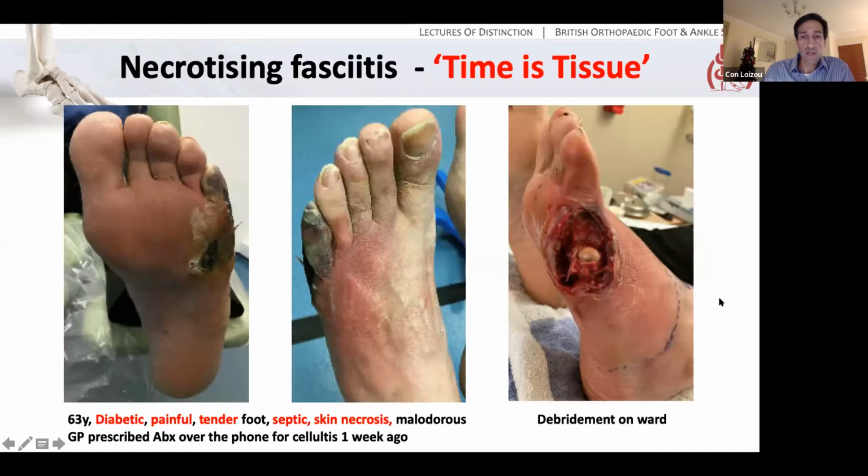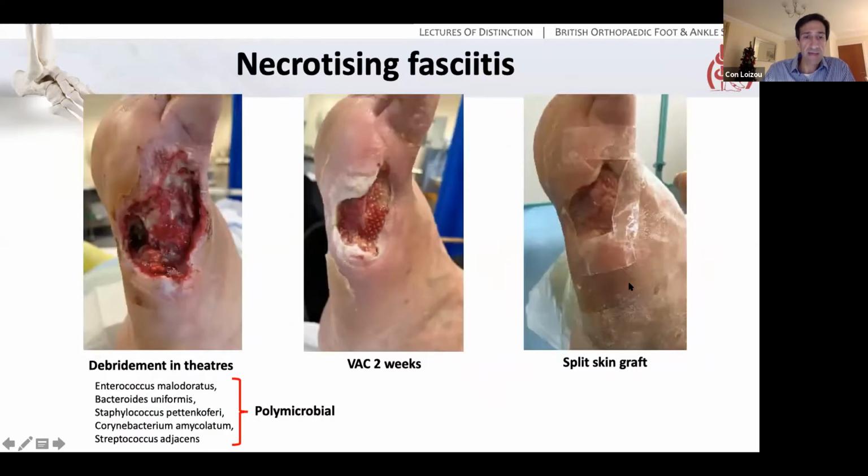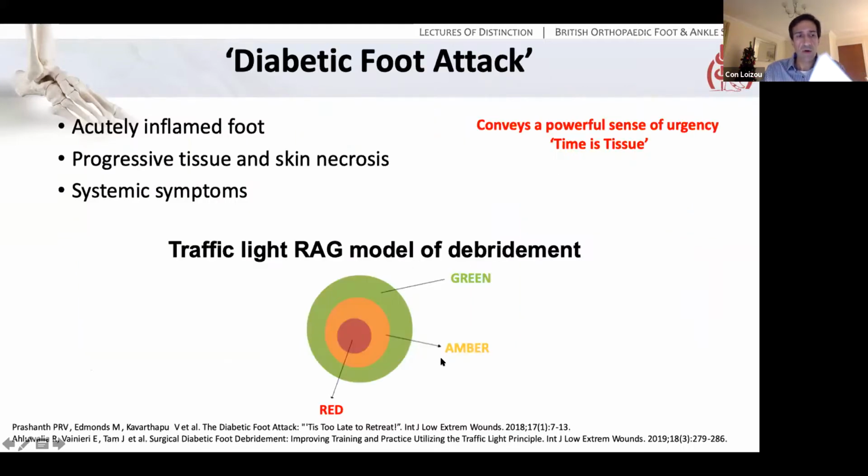Now, he required urgent debridement on the ward, and the next day, he underwent more thorough debridement in theatres, and you can see the extent of polymicrobial infections in such necrotizing cases. And with the assistance of bactericin and a split skin graft, it healed, but he has lost a toe and required 2 procedures.